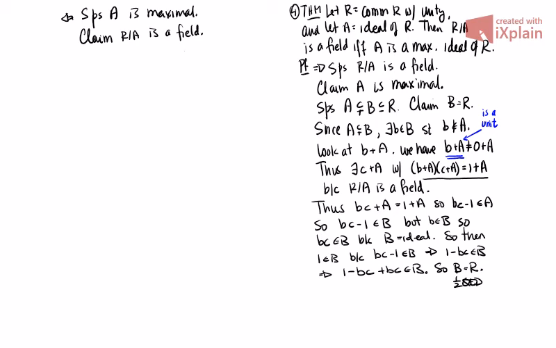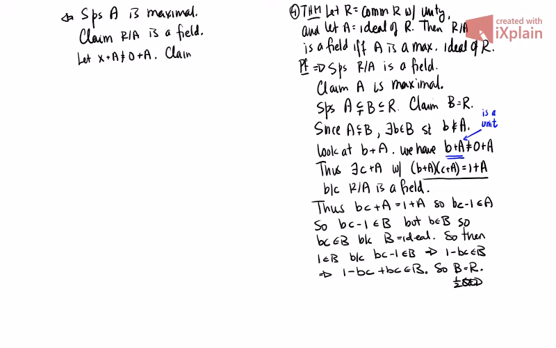So this one's a bit more sneaky, right? To show it's a field, I need to take an arbitrary element and show that it has a multiplicative inverse. So let's let this be an arbitrary non-zero element.